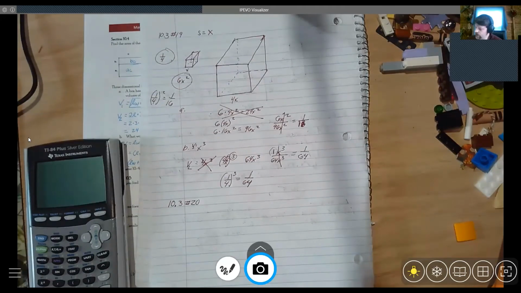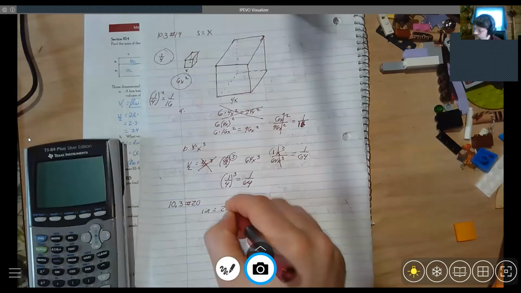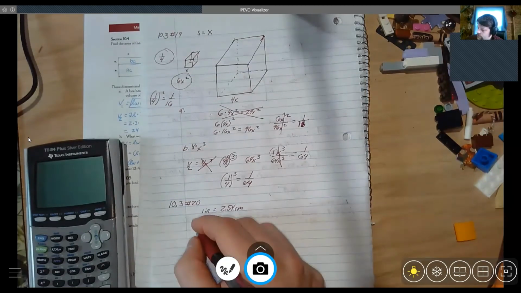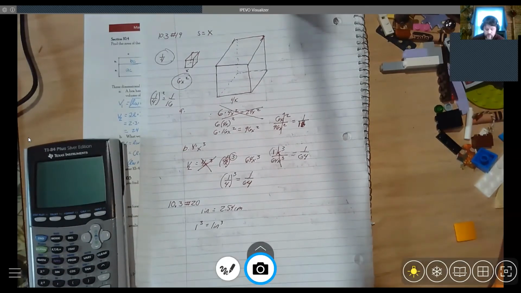All right, it says 1 inch equals 2.54 centimeters. What is the volume in cubic centimeters of a cube with a length of 1 inch? So if we have a cube of 1 inch, the volume is going to be 1 inch cubed. The side length's 1.